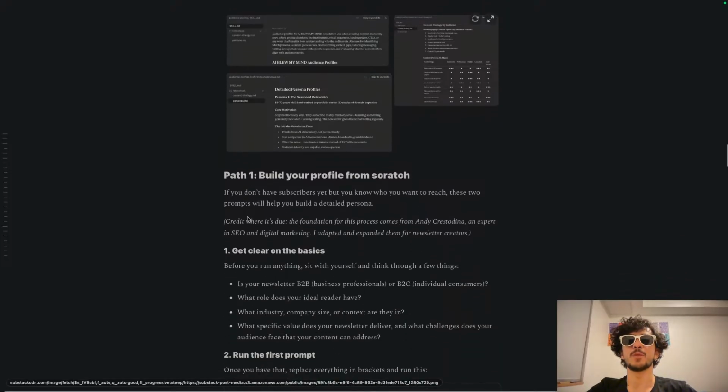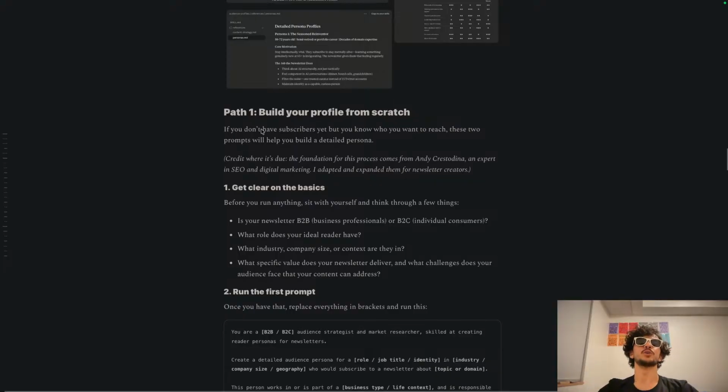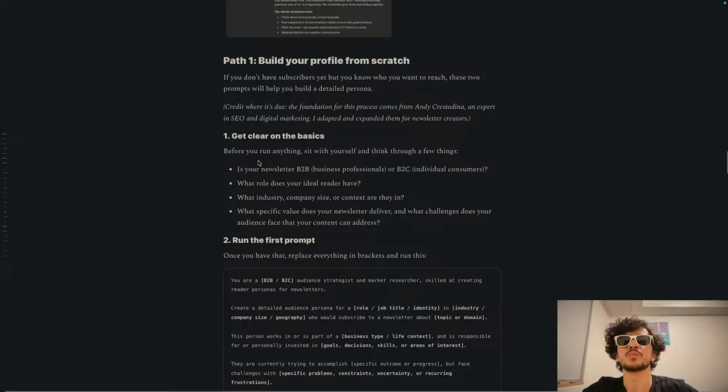All right. Path 1. Build your profile from scratch. That's what we're gonna do. B2B or B2C. I think, at least in the context of this article, it's meant for business professionals and people who are entrepreneurs.